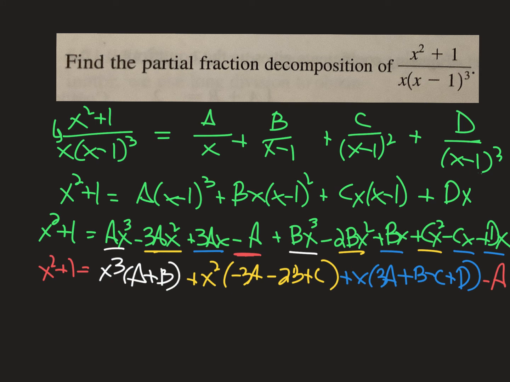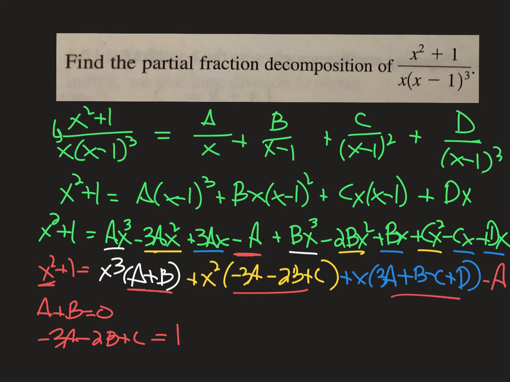All right, so what I know from what I'm looking at here, I know that there's no x cubed on the left-hand side, which tells me a plus b has to equal 0. My second coefficient, negative 3a minus 2b plus c, has to equal 1 because there's 1x squared on the left-hand side.